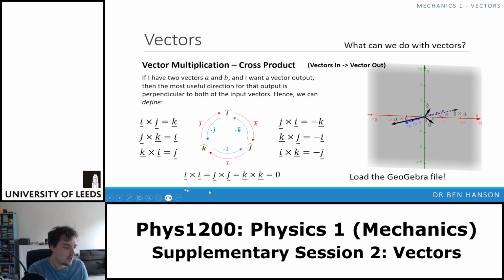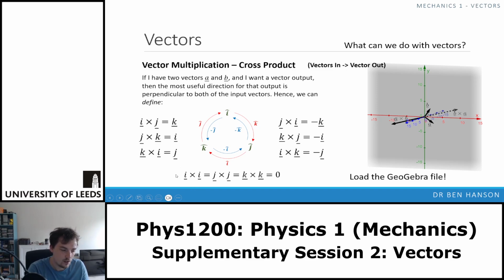So that's nice. That also would mean, if we follow the logic of these things through, that I cross I, j cross j, k cross k are going to equal 0. Because if I've got two vectors in the same direction, there are infinite ways that you could have a vector that's perpendicular to two vectors that are the same.